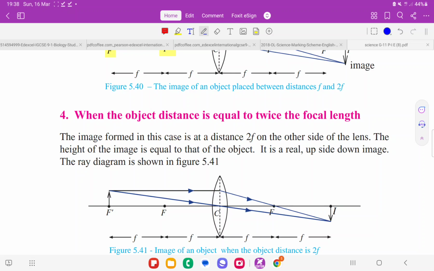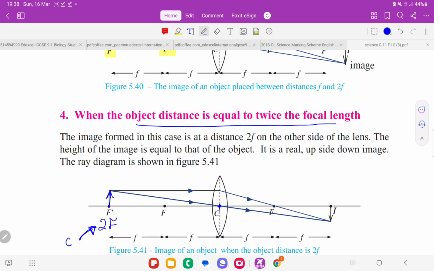So the fourth one, the object distance is equal to twice the focal length. So the object is placed on 2f. This point in mirrors we normally call C, but here it's named 2f, not C, because C is on the midpoint of the lens.